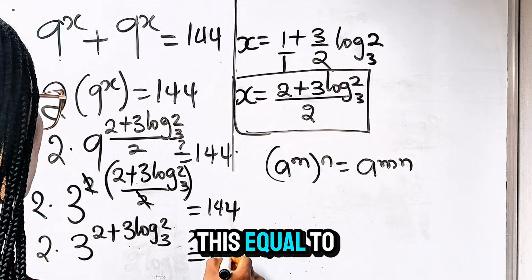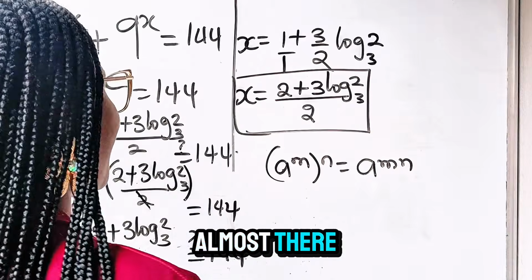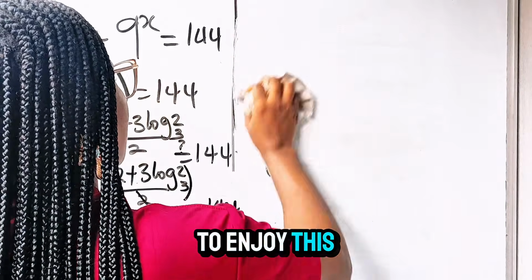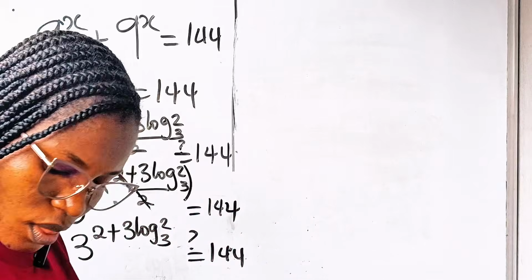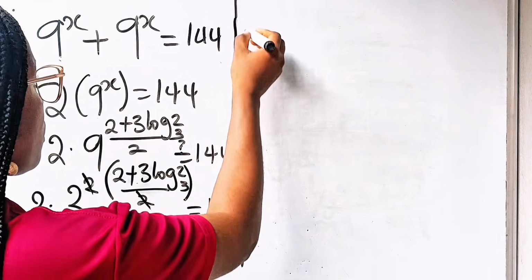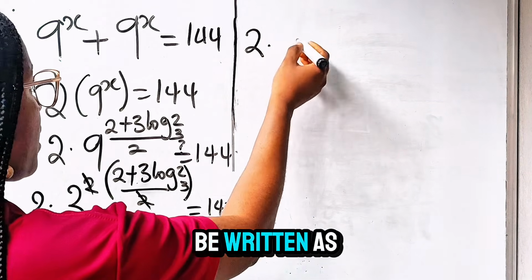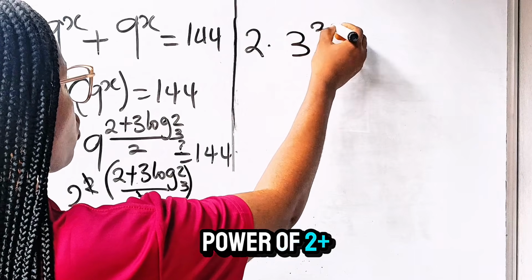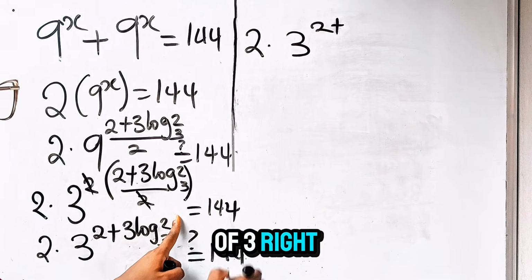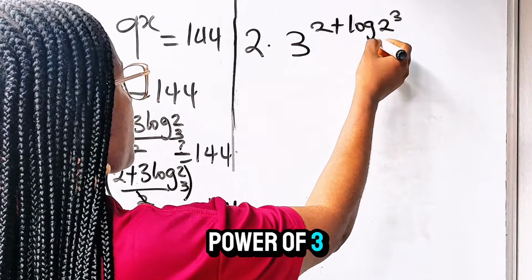Now, is this equal to 144? We are almost there. Yes, I'm telling you, you're going to enjoy this. So, if we continue, we have 2 multiplied by 3 to the power of (2 plus, now this 3 can go up to be 2 to the power of 3, so we can now have log 2 to the power of 3 base 3).